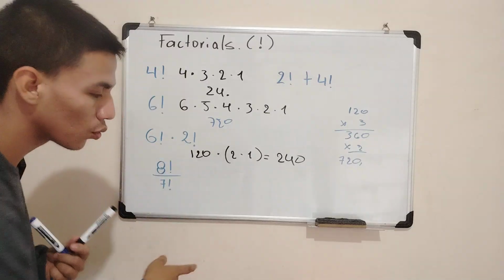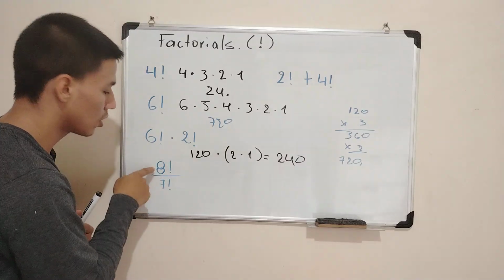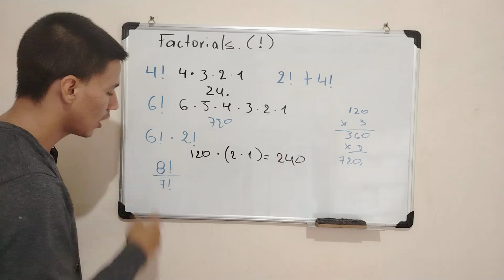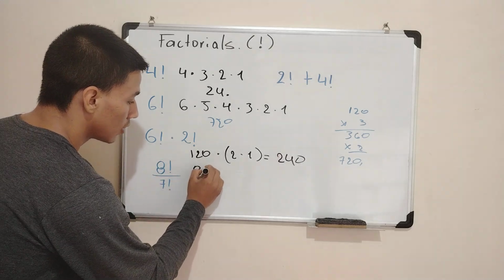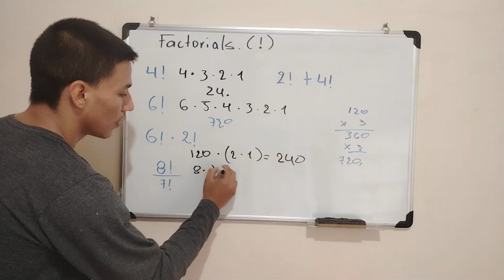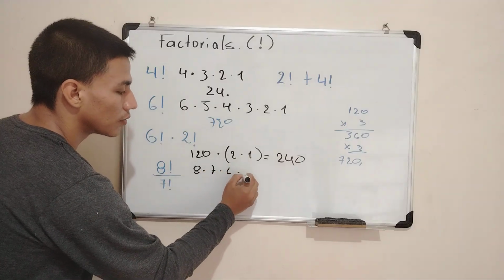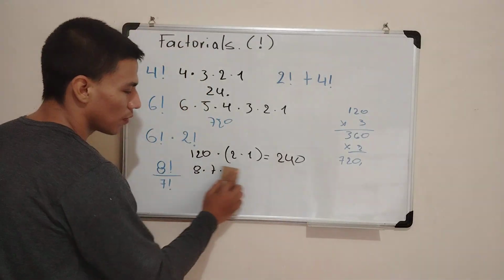Now what would happen? You will have a fraction, a numerator with a denominator. So this is 8 times 7 times 6 times and so on and so forth. But what we can do is simplify these things.